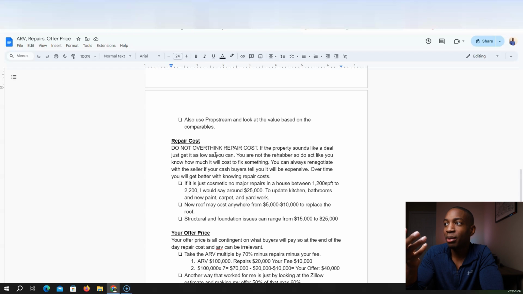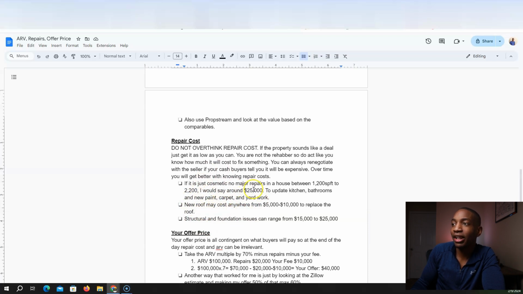If it's just cosmetic in a normal area, not like San Francisco or New York City, no major things, it may start around $25,000. But to update the kitchen, bathrooms, things of that nature, kitchen may be $8 to $10,000, bathrooms may be $5 to $8,000, and so it may cost a good amount of money, right?